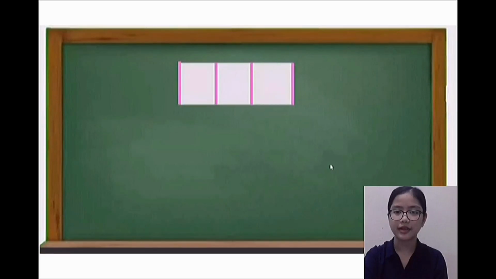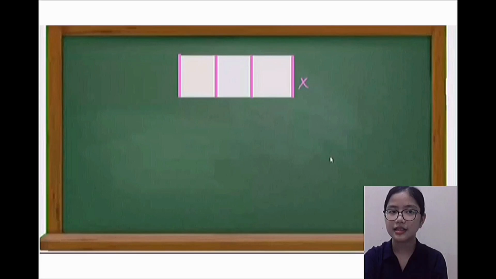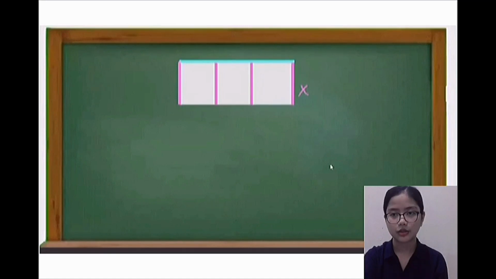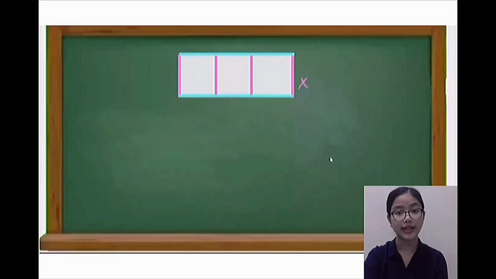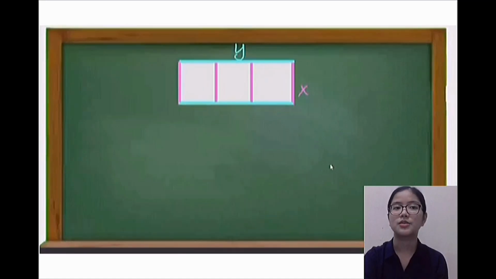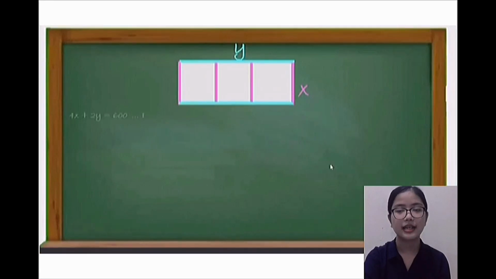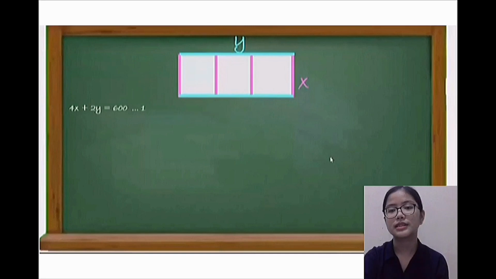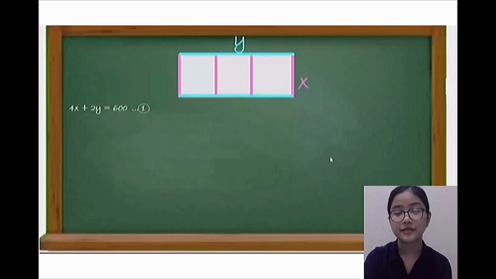So we get 4x, and then we have the length, which is y, 1 and 2, so we get 2y. So our perimeter is 600, so 4x plus 2y equals 600. So now we already have the first equation.